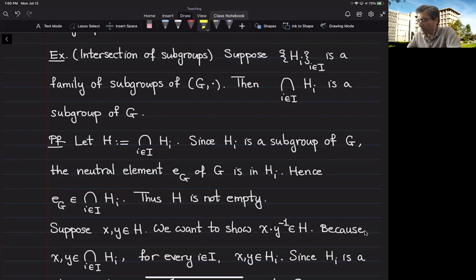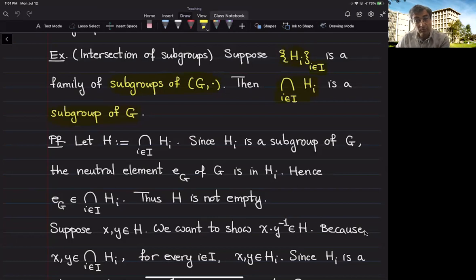Here I'm collecting them using this index notation, where I is changing in a certain index set. This capital I can be an arbitrary set. I'm giving you a collection of subgroups of the group G under multiplication. Then the claim is that when I intersect them, I'm going to get another subgroup of the group G.